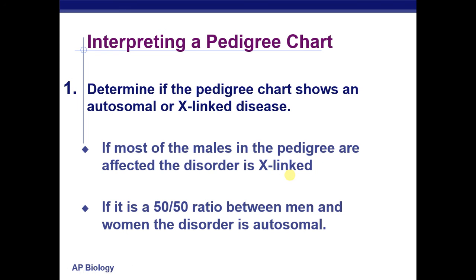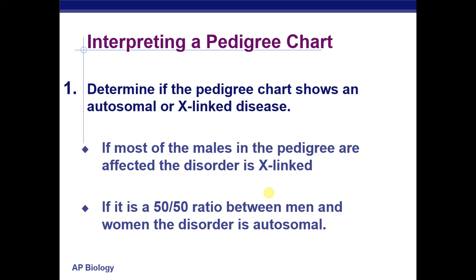So we can use that information to determine if a pedigree chart is dominant or recessive and X-linked or autosomal. The first thing that I would do is determine if a pedigree chart is autosomal or X-linked. If the majority of the people that are filled in, that are affected, that have a specific trait that we're interested in, are males, that's a strong suggestion that it's going to be an X-linked trait.